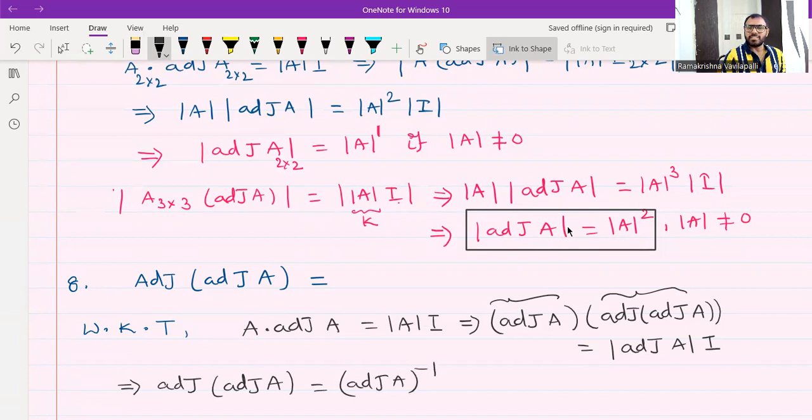Okay. What is determinant of adjoint of A? This is det A whole square. Assume this is 3 by 3.